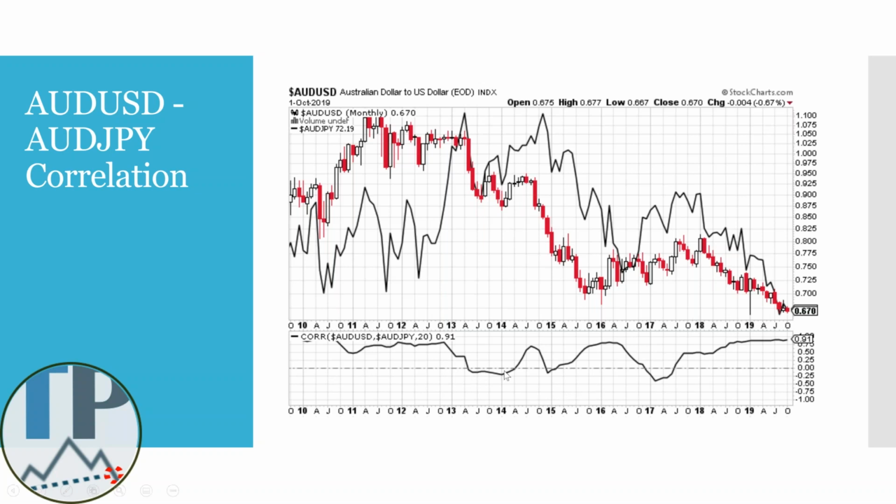But again, there are times when you get negative correlation, and that can be explained more by the fact that there are economic or political events that will impact Japan specifically and not impact the US economy necessarily, and vice versa.